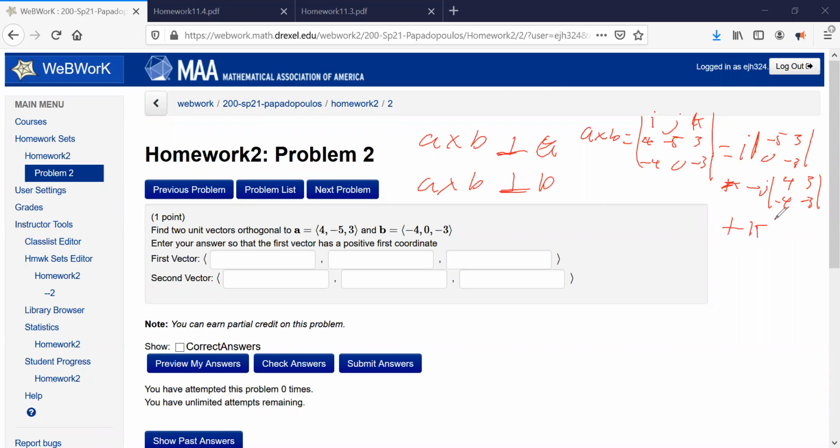plus k times, now we'll have this square here because we're blocking out this column now. So k times the determinant of 4, -4, -5, 0.